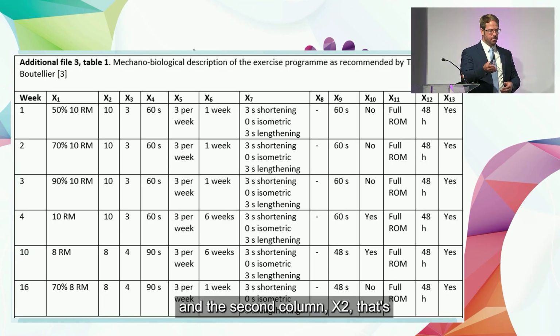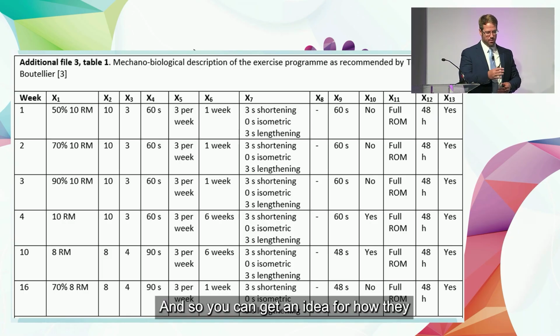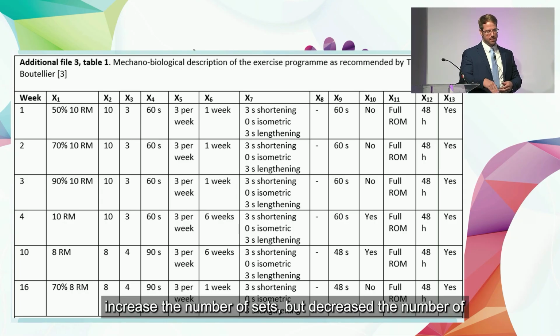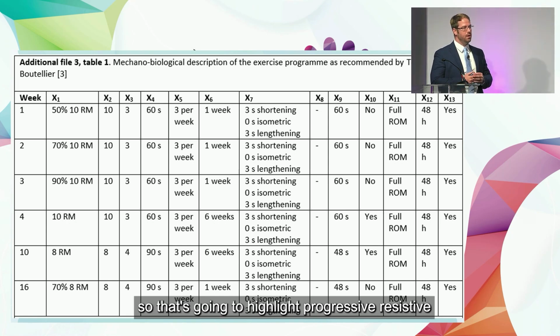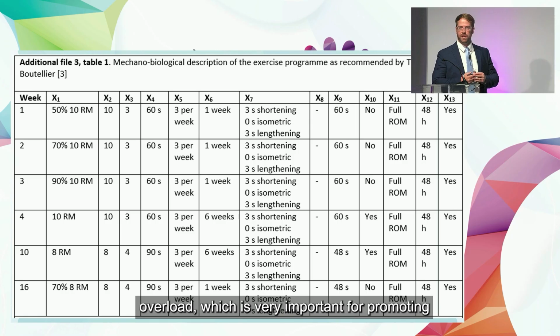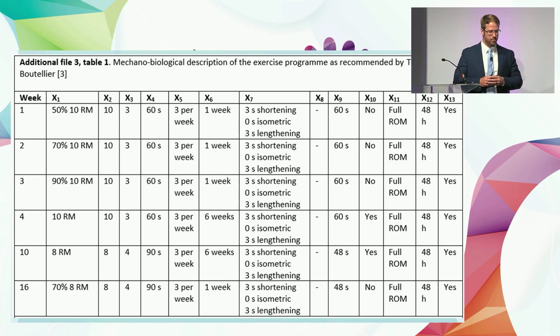And the second column, X2, that's the number of repetitions that they did. X3 is the number of sets. So you can get an idea for how they increased the number of sets but decreased the number of reps because they were using a progressively heavier weight. That's going to highlight progressive resistive overload, which is very important for promoting strength in our patients and clients.